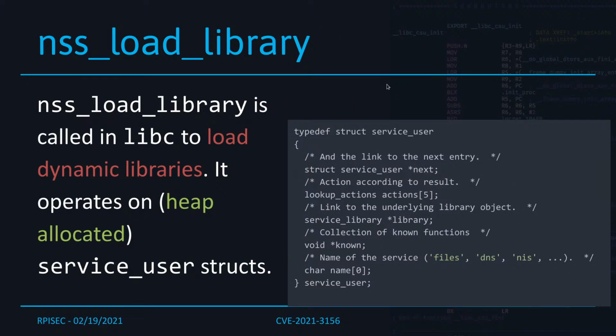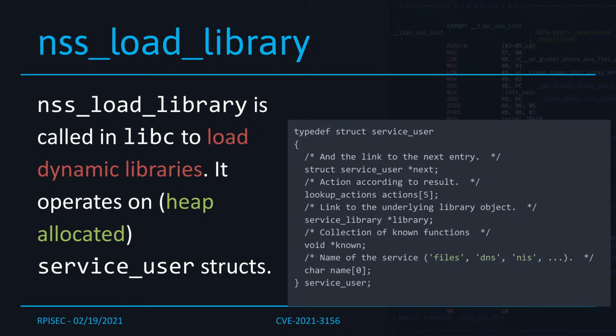So I mentioned that we would be targeting a special struct, and specifically that struct that we'll be targeting is this service user struct. And this service user struct is used in a function called NSS load library, which is called in libc. Basically, as the name would imply, it's used to load libraries.